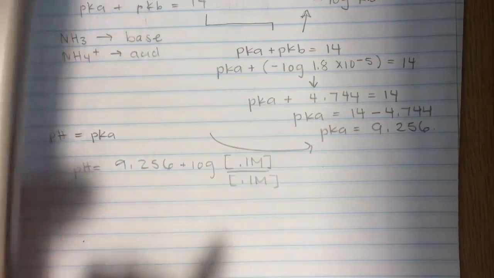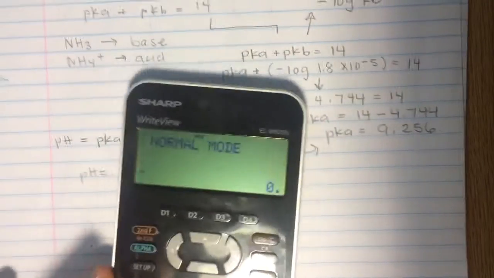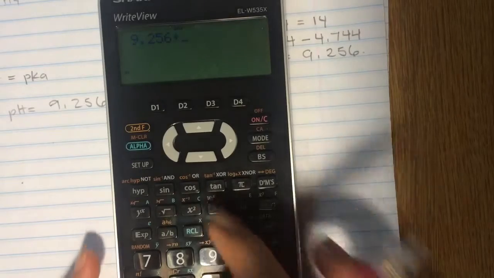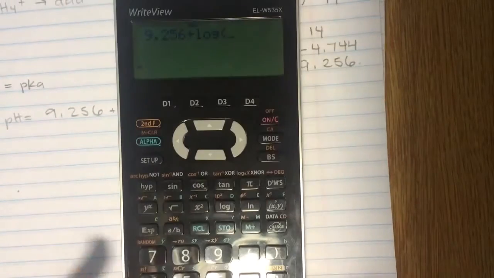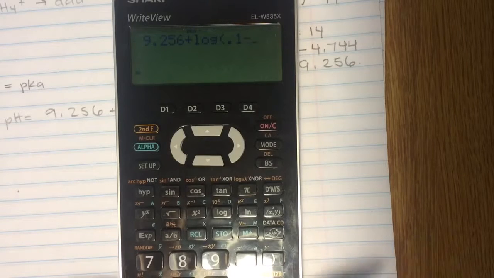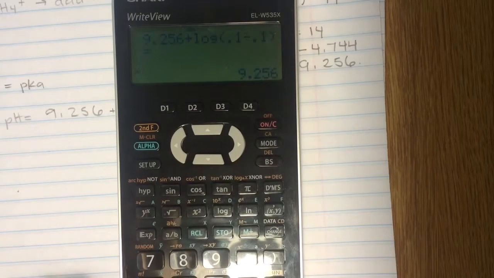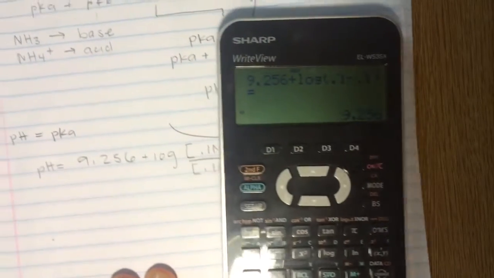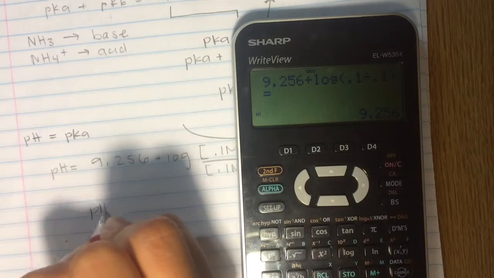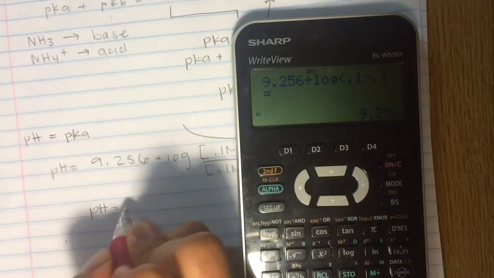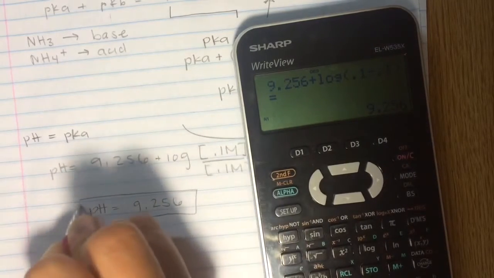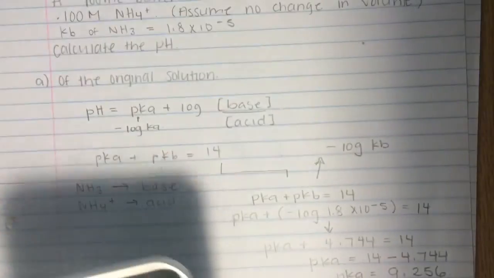You just plug it into your calculator, and that is 9.256 plus the log of 0.1 divided by 0.1, and it is just your pKa. So for the first question, your pH is equal to pKa, which is 9.256. And that is the pH of your original solution.